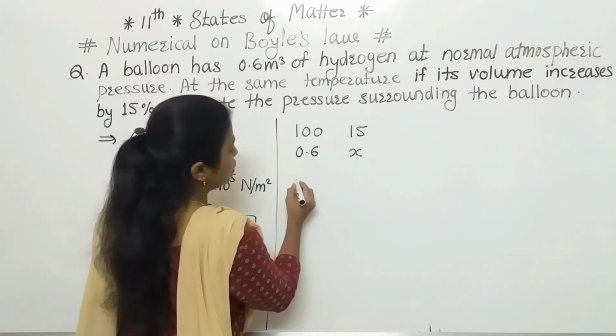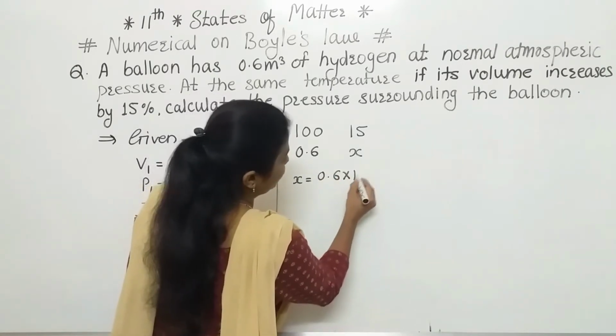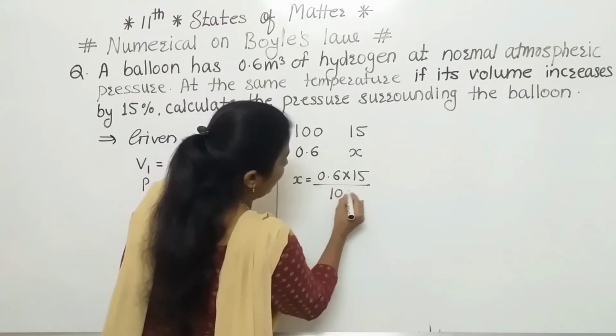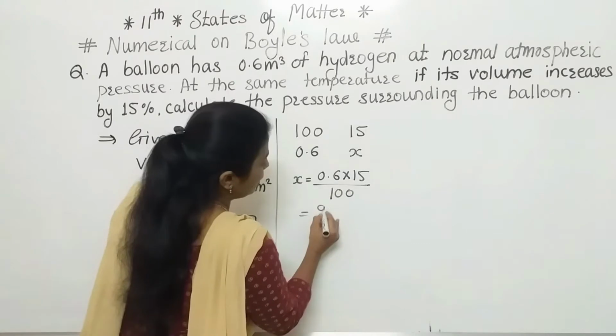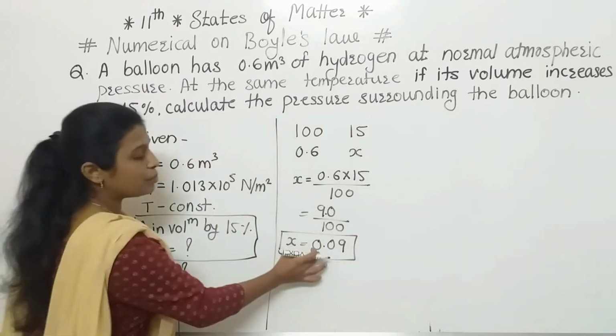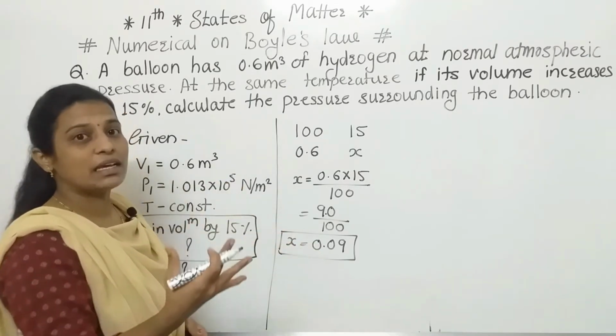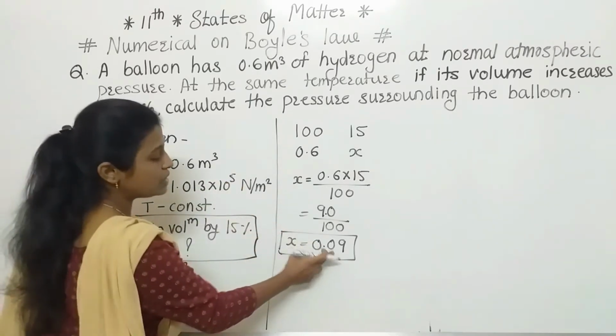So X is equal to 0.6 into 15 divided by 100. 15 into 6 is 9. This is the X value. That much volume of balloon gas is increased.